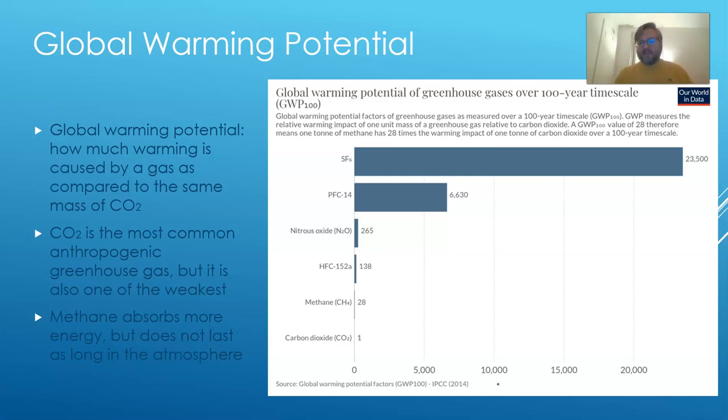However, this is a kilogram-for-kilogram comparison. We're emitting way more CO2 than any of these other gases. We'd be in big trouble if we were putting out as much SF6 as we are CO2 because it's got such a much bigger global warming potential. But we're producing huge amounts of CO2 as compared to these other greenhouse gases.